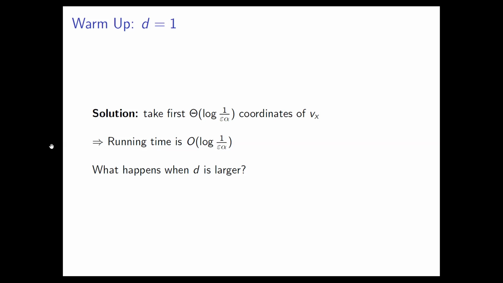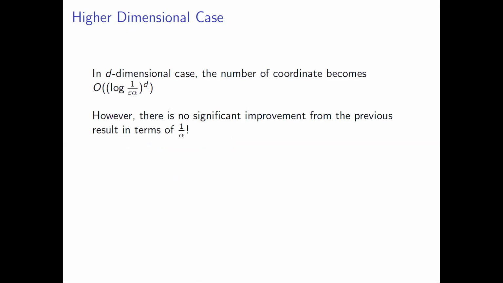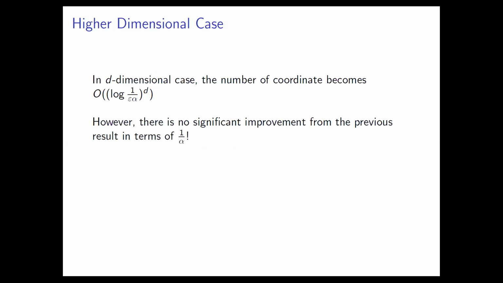So what happens if we generalize it to the higher dimensional space? In d-dimensional space, the number of coordinates we need becomes 1 over epsilon alpha to the power d. If that is the case, then there is no significant improvement over the previous result in terms of 1 over alpha.